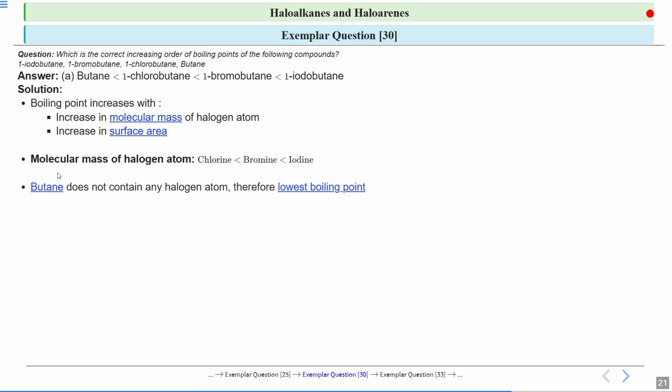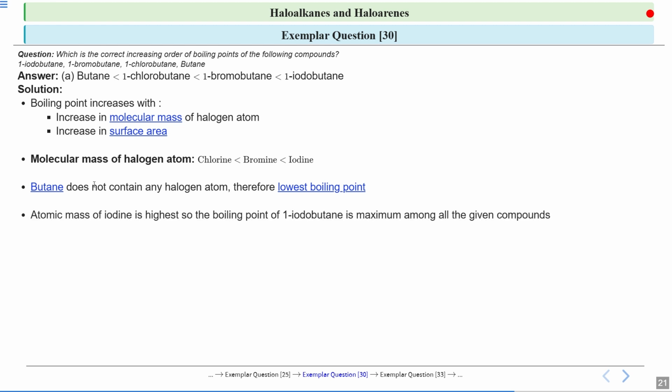Butane doesn't contain any halogen, so it will have the lowest boiling point compared to the other given alkyl halides, because they contain halogen plus the carbon-hydrogen part. Butane is only a carbon-hydrogen compound and doesn't contain any halogen, so it has the lowest molecular mass, that means the lowest boiling point.